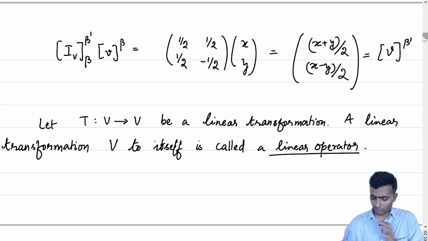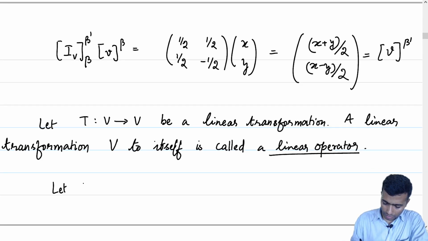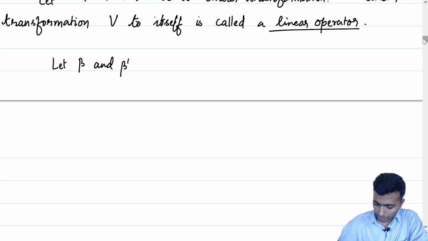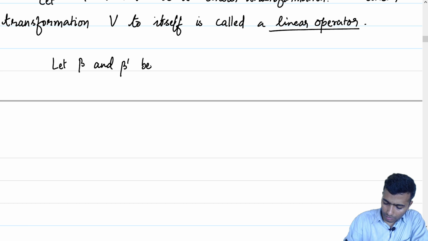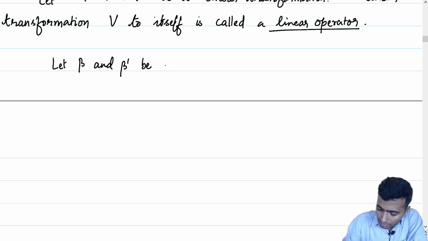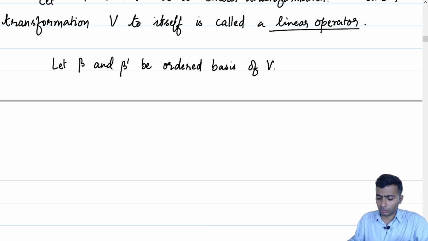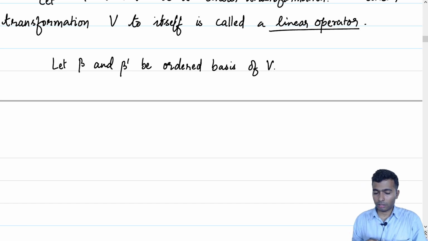So, again let us fix a basis, let beta and beta prime be ordered bases of V. Consider two different ordered bases of V. Then we have a matrix of T with respect to beta and beta, and there is also a matrix of T with respect to beta prime and itself.